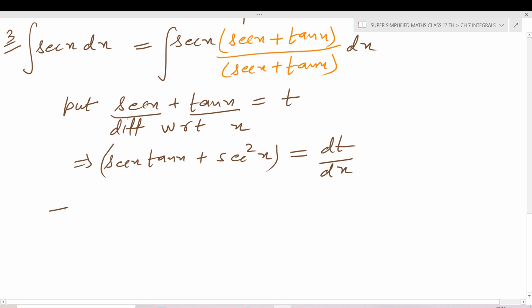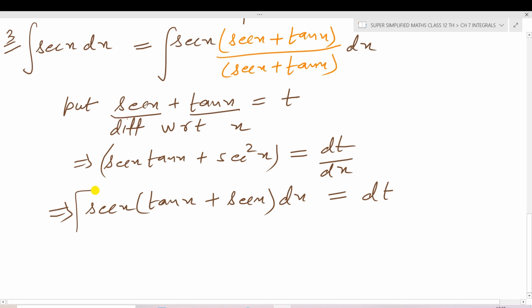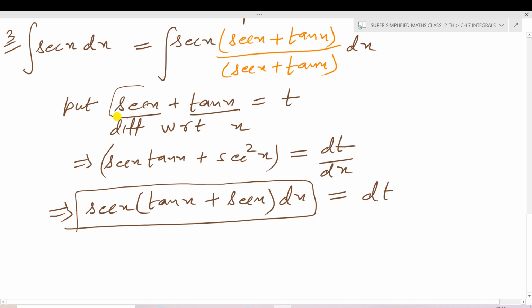From the expression on the left hand side, I can take secant x common. So I am left with tan x plus secant x, and then I cross multiply this dx over here. So I get dx over here and it is equal to dt. Now you can see this expression and you can see this expression. Both the expressions are written in box.